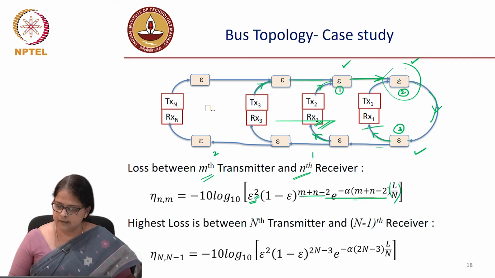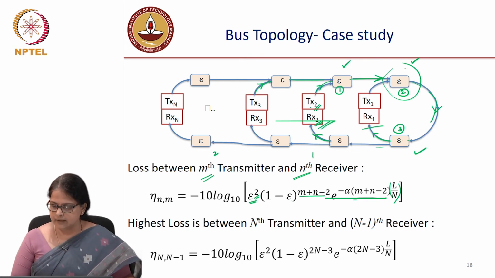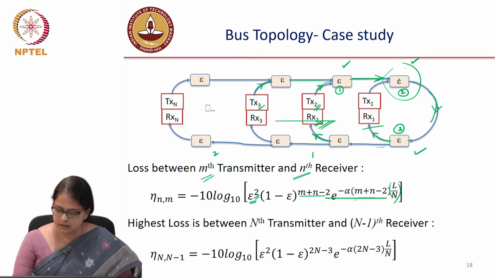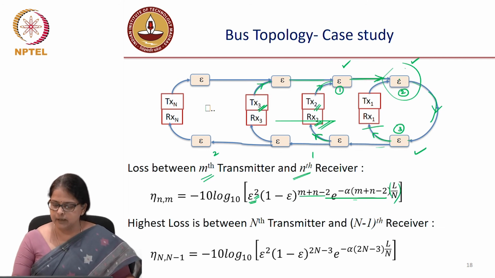For example, in this case, the third transmitter, let's say, is trying to transmit to the second receiver; the information has to go all the way through this to reach here. Whereas the third transmitter, if it is trying to transmit to the n minus second, for instance, then it has to reach only up to this point.